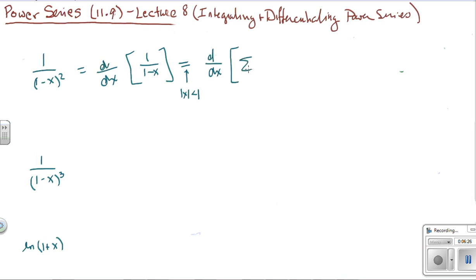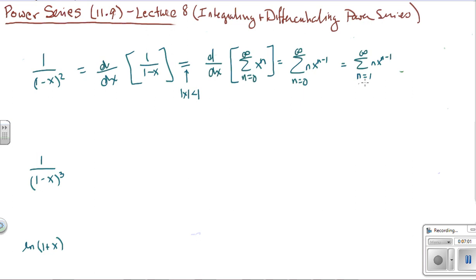This is the series n equals 0 to infinity of x to the n. And now the whole point is I can differentiate this term by term. So when I take the derivative of this series, that's going to be the series of the derivatives of each of these terms, which is n x to the n minus 1. Of course, that first term is just 0, so that's the sum n equals 1 to infinity of n x to the n minus 1.